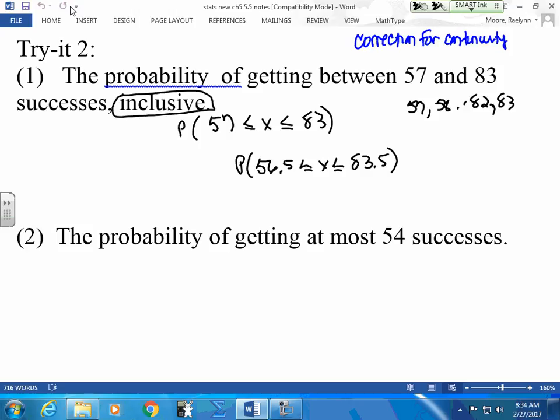What if this did not say inclusive? Sarah, what would it look like if it did not say inclusive? Just to begin with, without the correction in there. Oh, okay, without the line, we can do that.